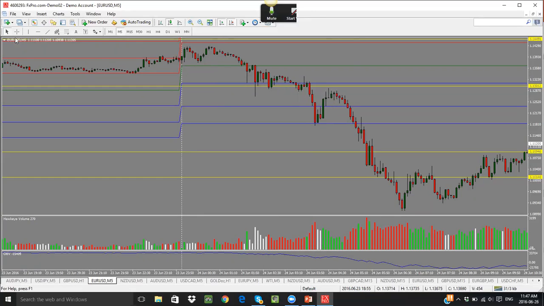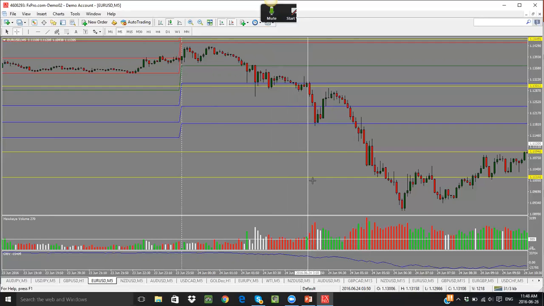Once the price breaks through and starts moving down, volume will start increasing as well. So volume over here is much larger than volume right here. It will also tell you the numerical volume, 270, what kind of volume is coming into the market.